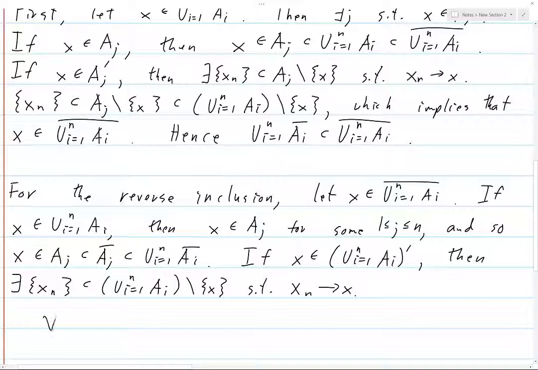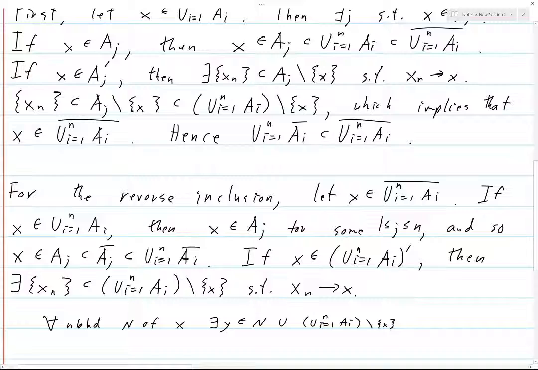You'd want to say that for every neighborhood N of x, there exists a point y which is in N, and it's also in the union from i equals 1 to n of A_i, but it's not equal to x.